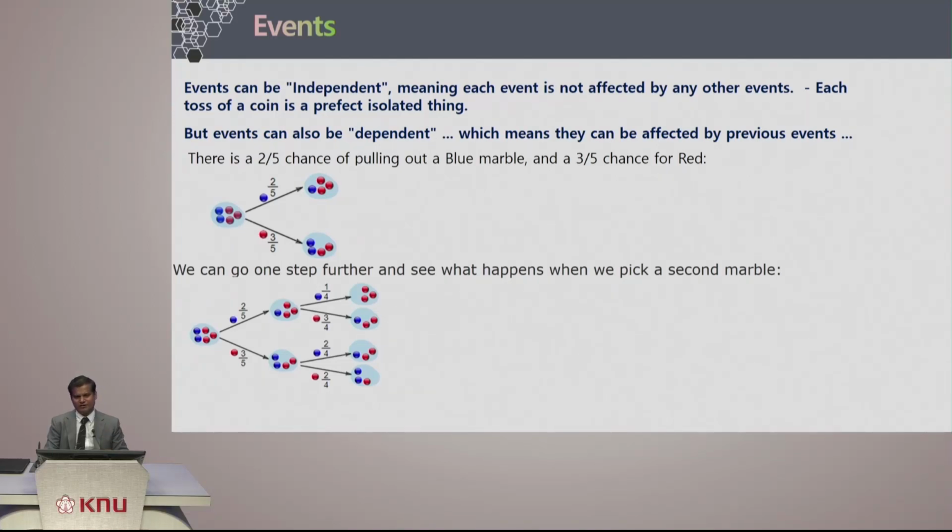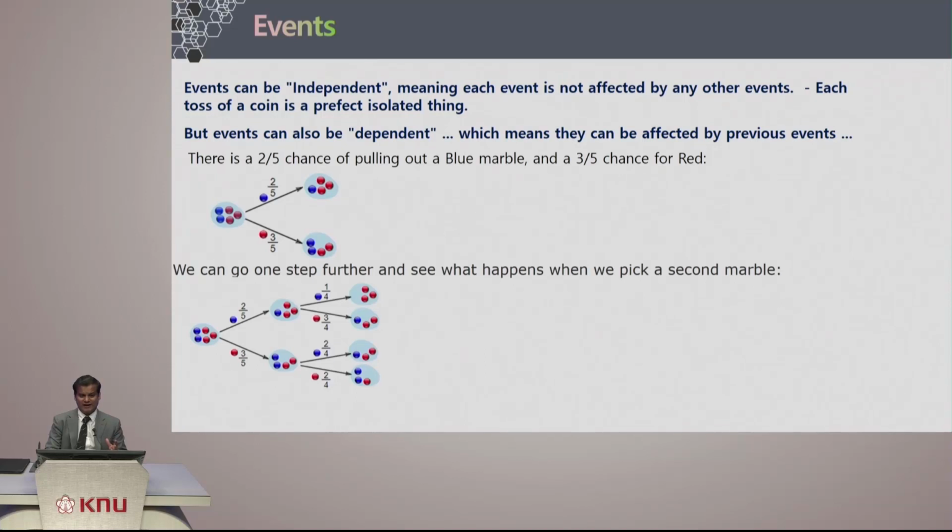Consider this example. You can see there are 5 marbles in this bag: 3 red marbles and 2 blue marbles. So there is a 2 by 5 chance of pulling out a blue marble and a 3 by 5 chance for a red marble. Let's go one step ahead and see what happens when we pick the second marble.